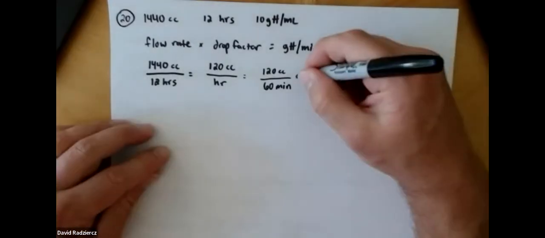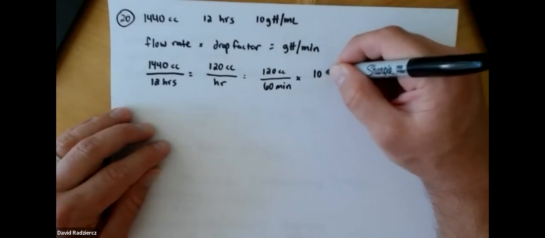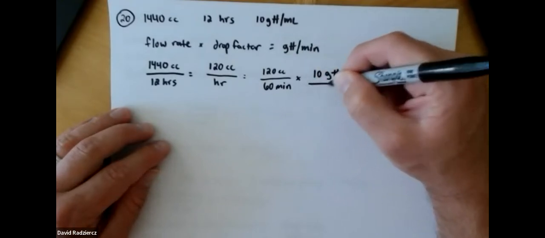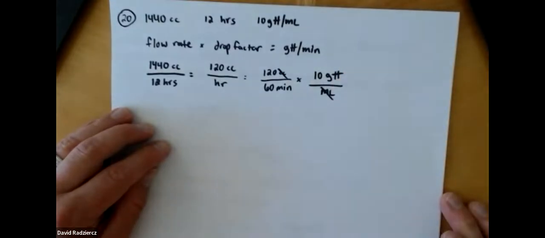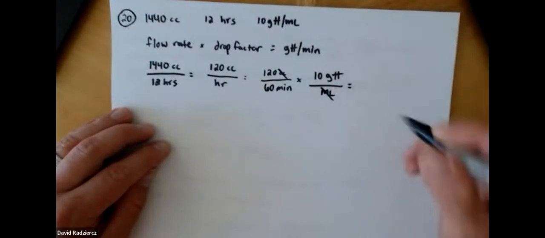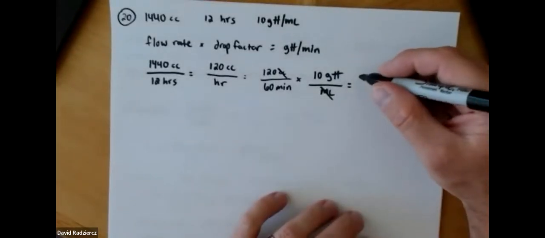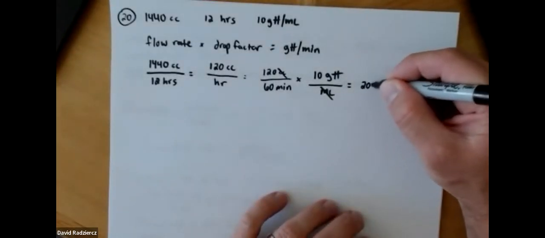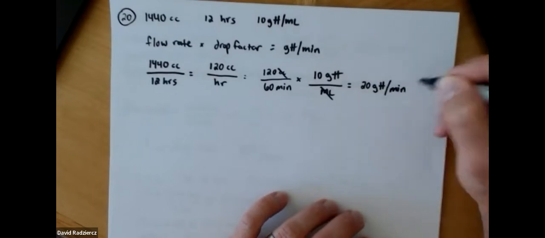Then I would just multiply by the drop factor of 10 drops per milliliter. We know that cc's and milliliters are equivalent, so we can cancel those out. And then I would multiply across the top, divide by 60, and I'm going to get 20 drops per minute.